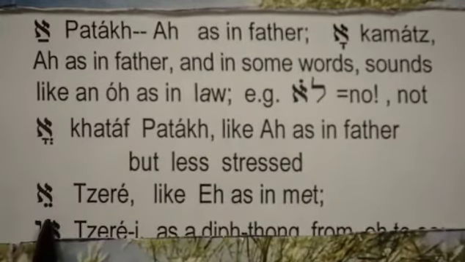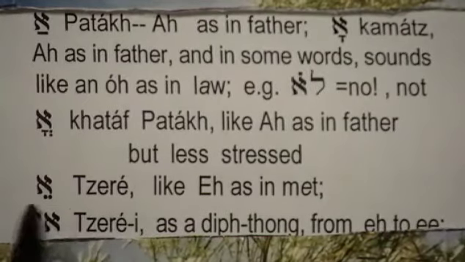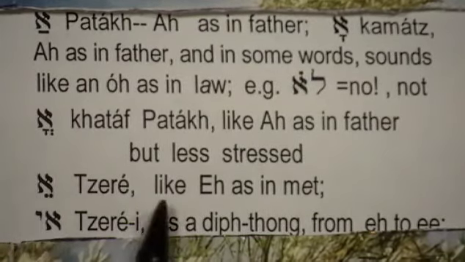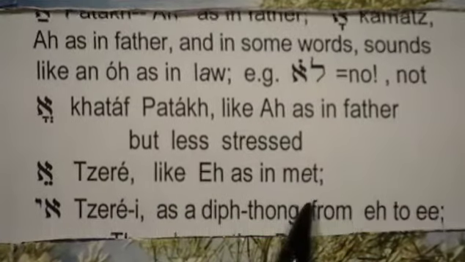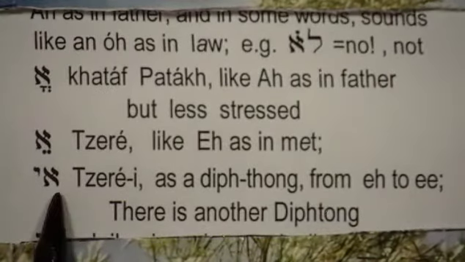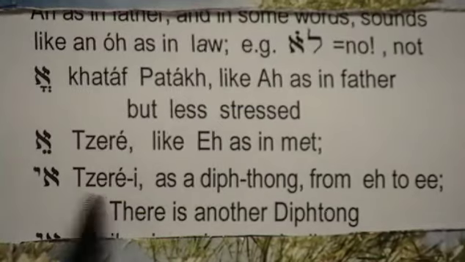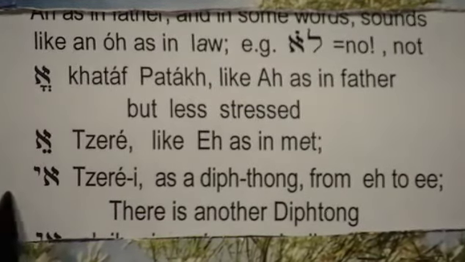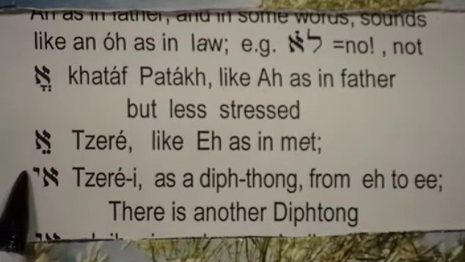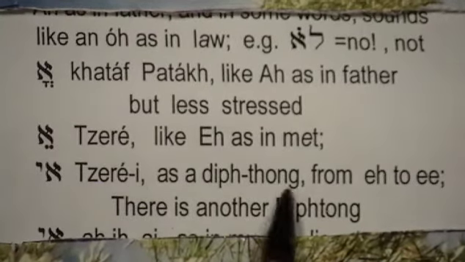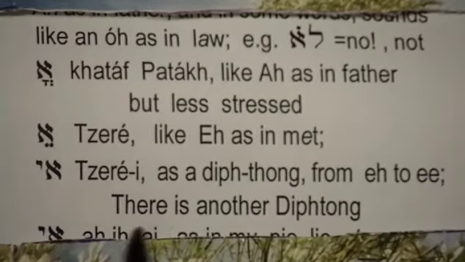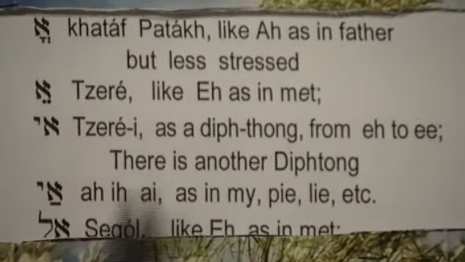The next one is a tzere, 2 dots. It sounds like A as in met. The other one is tzere with 2 dots on the bottom, but it has a yod. And it's a diphthong from A to E. There is another diphthong.